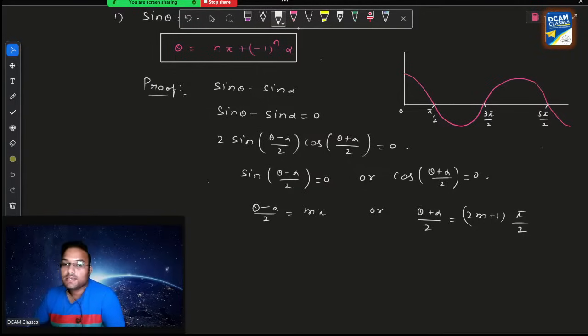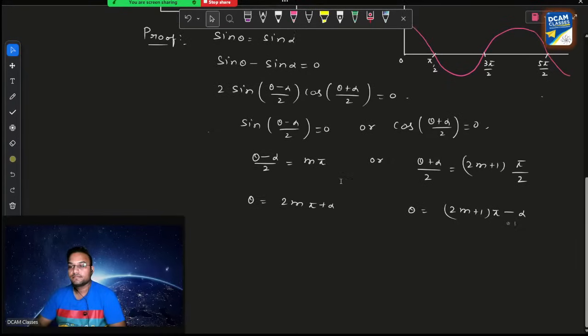that. So that's why here I get theta is equal to 2m pi plus alpha, and here theta is equal to 2m plus 1 into pi minus alpha. Now these are the two solutions you are getting.